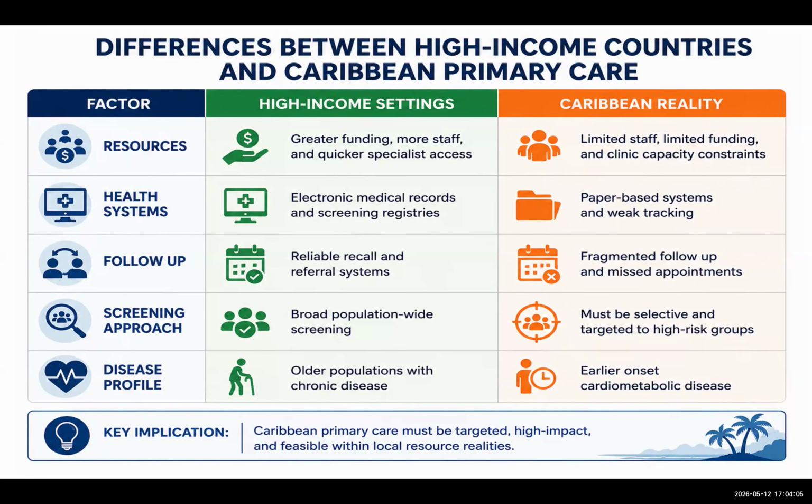Another major difference is the follow-up capacity. In high-income countries, referral pathways are often standardized and integrated electronically. However, in Caribbean settings, follow-up may become fragmented due to delayed appointments, transportation barriers for patients, and poor communication systems.